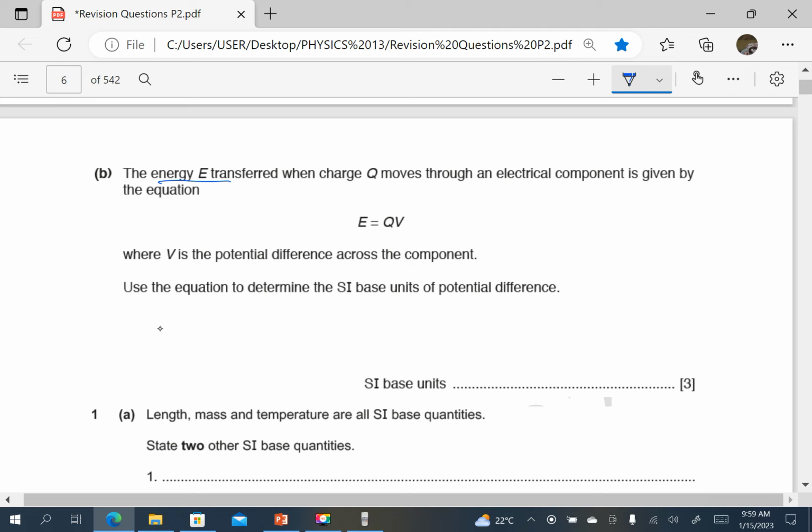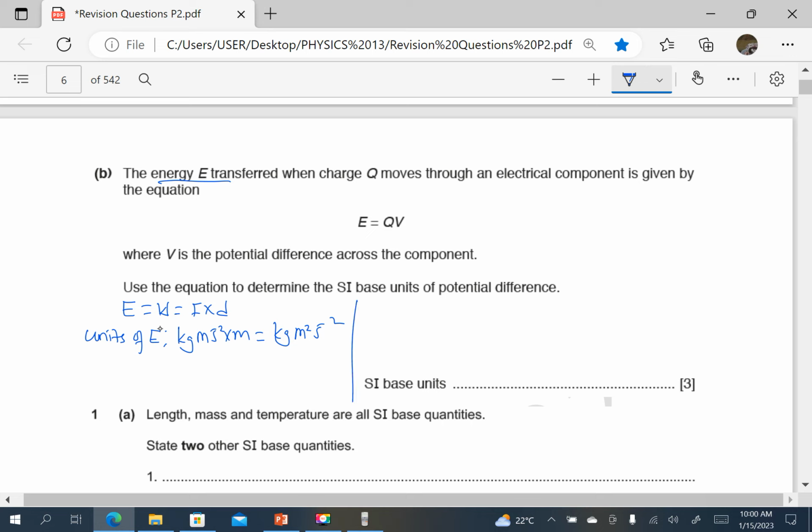So we can start with E. The base units of E is work done, which is equal to force times distance. Remember, force is kilogram meters per second squared and d is meters. That means the units of E are going to be kilogram meters per second squared times meters, which will be kilogram meters squared per second squared.